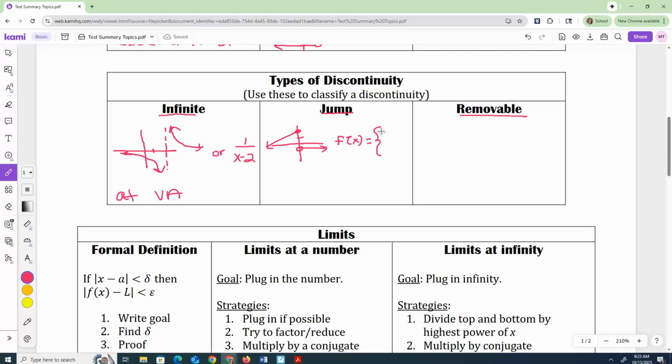So right, these happen in our piecewise when you have a jump between the pieces.